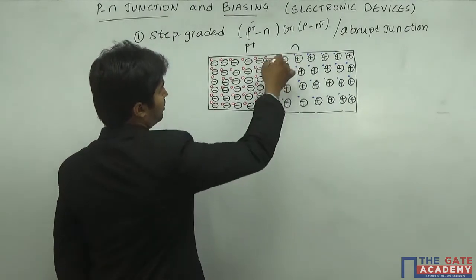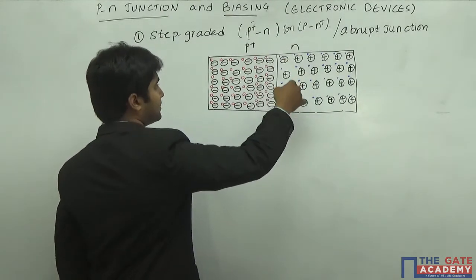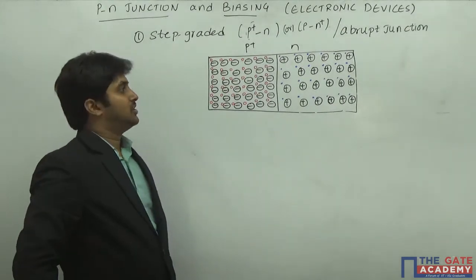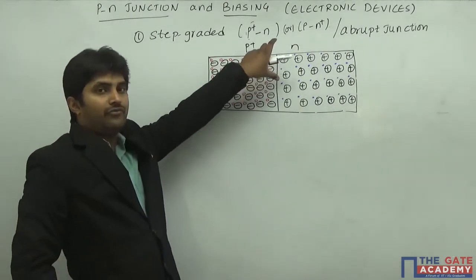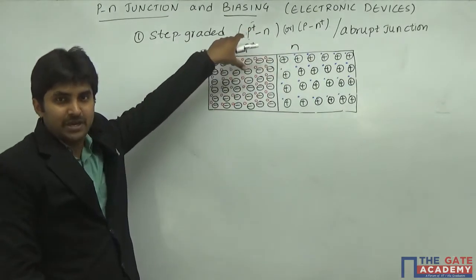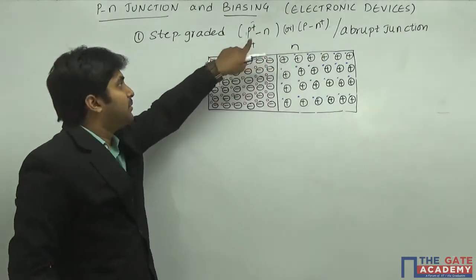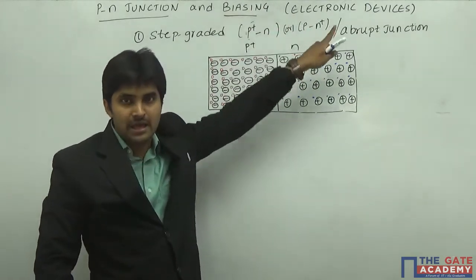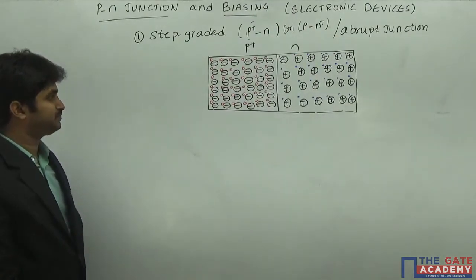In a particular column you can see here 6 ions, whereas here you're going to have 4 ions. These ions are nothing but the dopants, right? So you're going to have more dopants in the P region when compared to the N region. That is why I'm terming it a P plus N junction, which we can call a step graded junction or an abrupt junction.